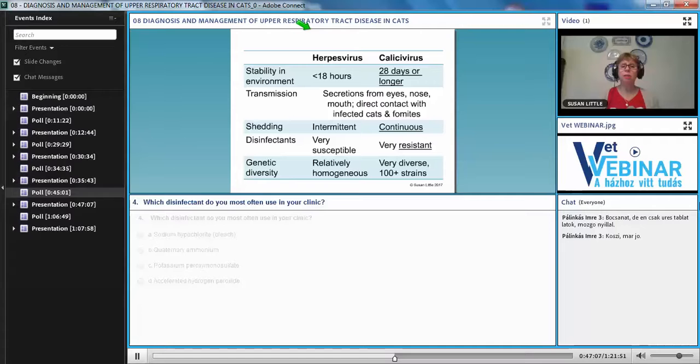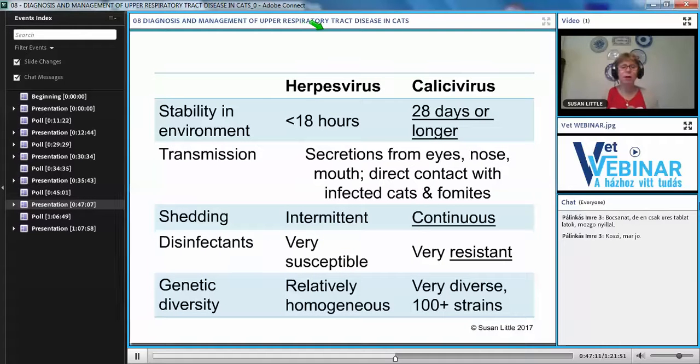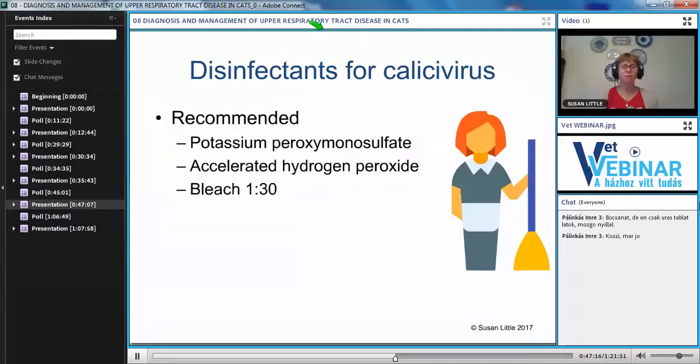Okay, so let's look specifically for calicivirus. What would we pick as a recommended or not recommended disinfectant for calicivirus? So the three that are recommended would be a potassium peroxymonosulfate product. And often you have to look at the label to see what exactly is in the product you're using. So you might want to go check which products you're using. Or an accelerated hydrogen peroxide, or bleach at a 1 in 30, at least a 1 in 30 dilution.